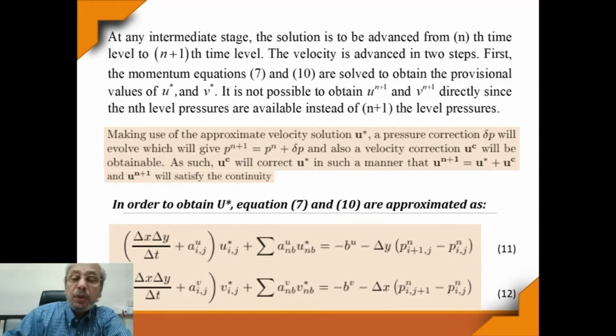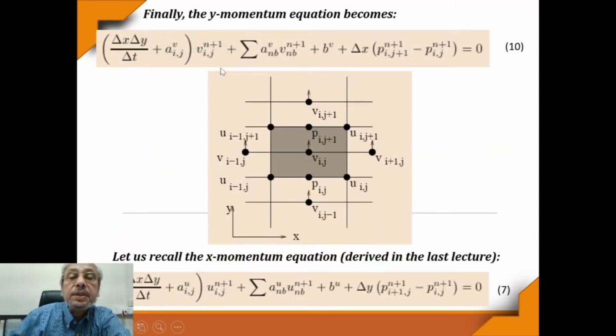Now if we want to evaluate equation 7 in implicit manner for all the u's, that means u ij, u i plus 1 j, u i minus 1 j, u ij plus 1, and u ij minus 1 at the level n plus 1, and v ij, v i plus 1 j, v i minus 1 j, v ij plus 1, v ij minus 1 at the level n plus 1, we'll get this equation.